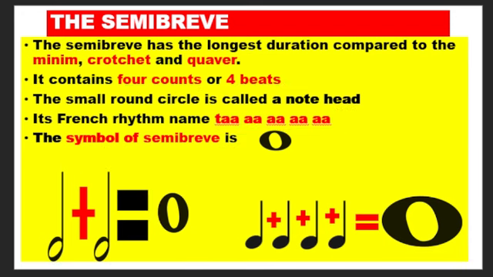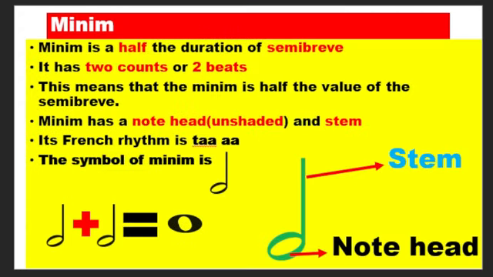After the semibreve, we now have the minim. The minim is half the duration of the semibreve. It is 2 counts or 2 beats. The French rhythm name is ta. It has the stem and a head.